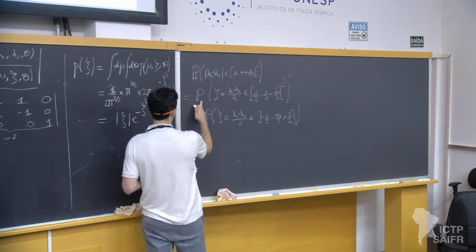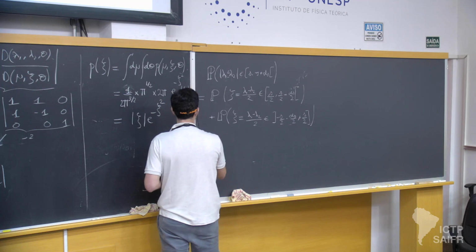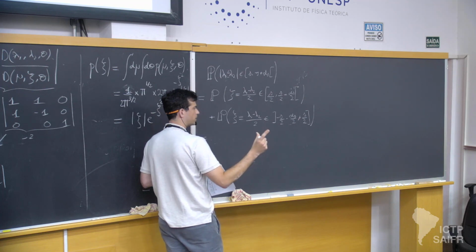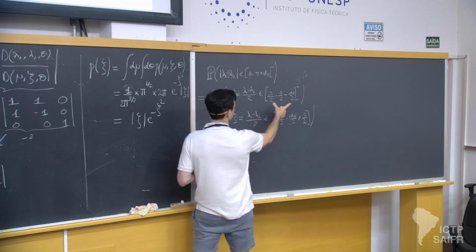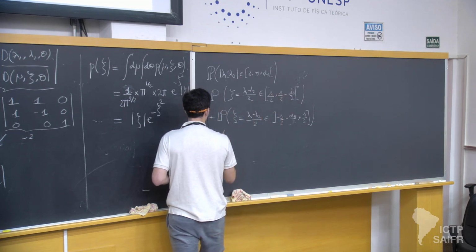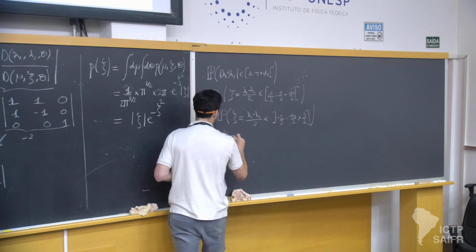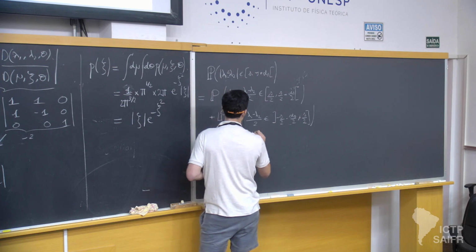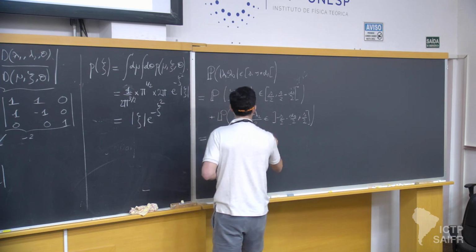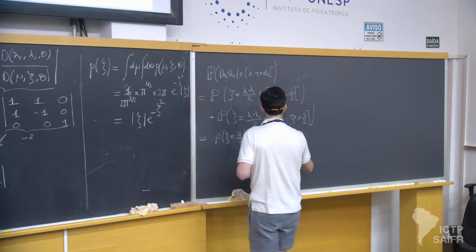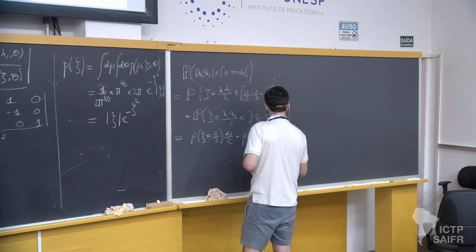Those are, by definition, equal to the probability density function of psi times the size of this small interval. So this is simply P of psi equal to S over 2 times ds over 2 plus the probability that psi is equal to minus S over 2 times ds over 2.